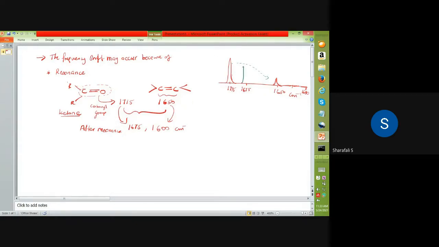And after resonance, we will be having this frequency at 1675, for example. And this one will go to 1600 with some more density because of the energy transfer.